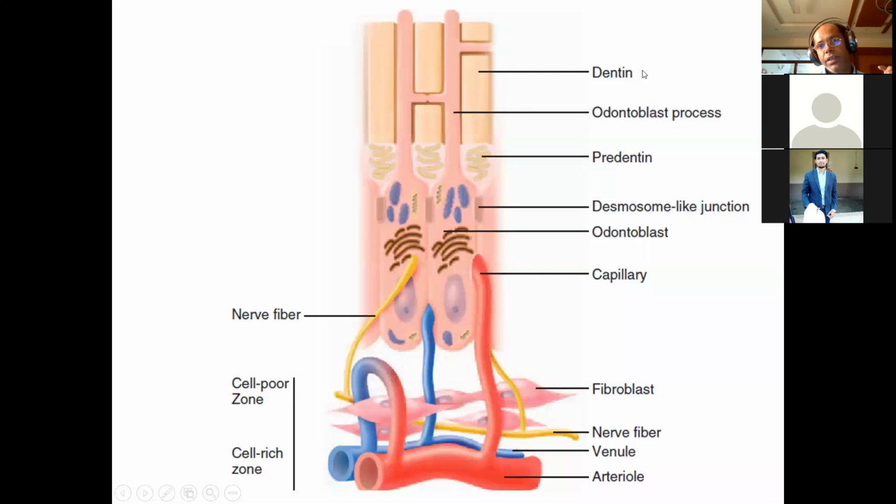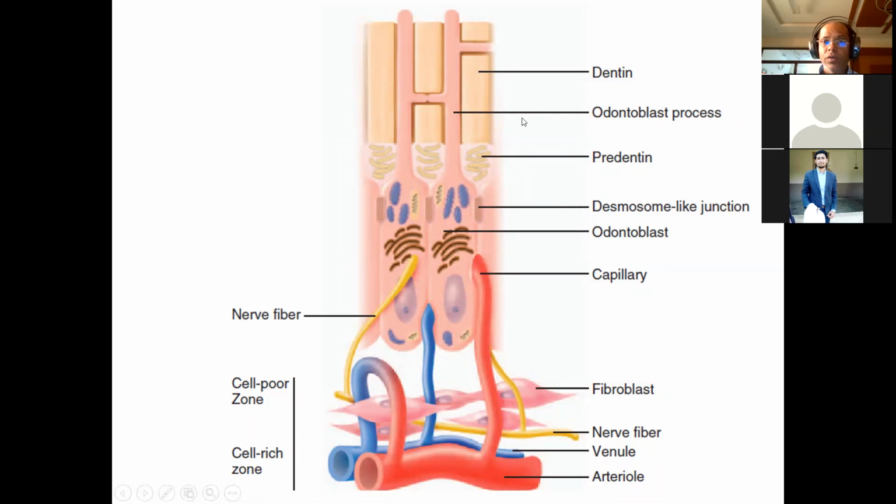So here you can see the dentine and the odontoblast process into the dentine. The pre-dentine is non-calcified dentine, present between the pulp and the dentine, and it prevents the resorption of dentine from the pulp. The pulp has odontoblast cells, and it also has odontoclast cells which can resorb the dentine if pre-dentine is not present.